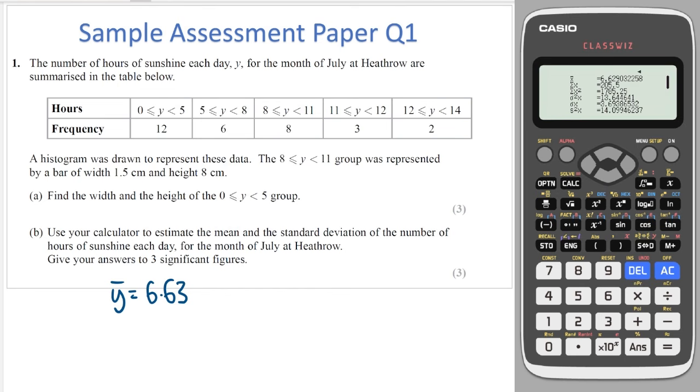And we're also asking for the standard deviation. And in this case, we use where it says sigma x, so that's 3.69. So we say sigma y is equal to 3.69. And we are done.